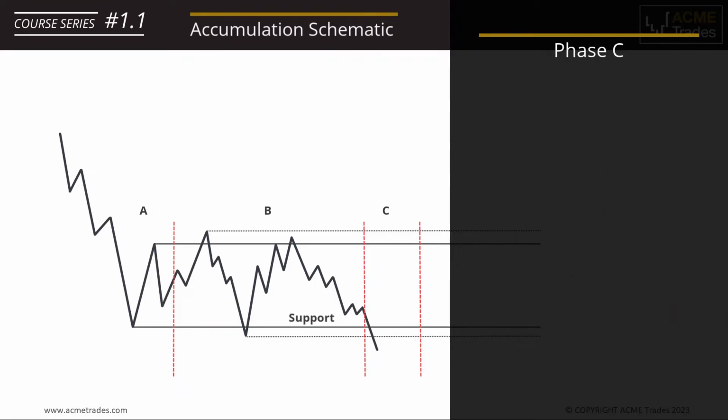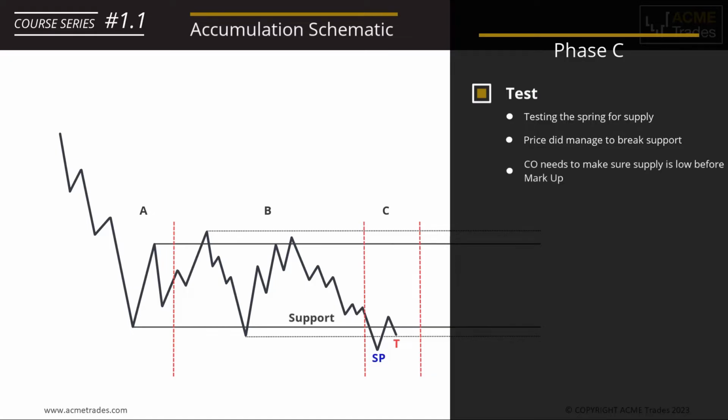So following the spring will come a test. And this test is testing the spring essentially for sellers, supply. After all, price did manage to break through support. And don't forget, before markup, higher prices, the CO needs to make sure supply is low, is weak.